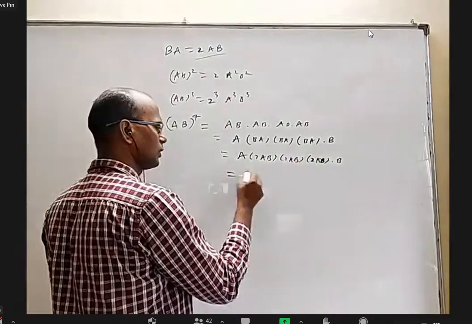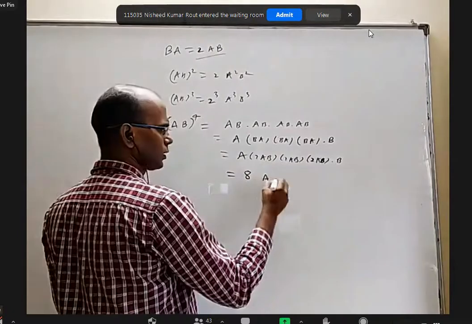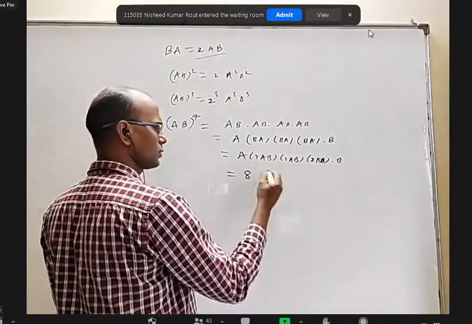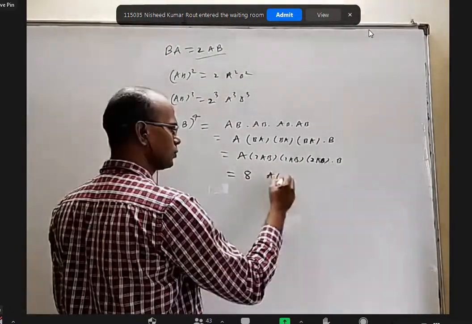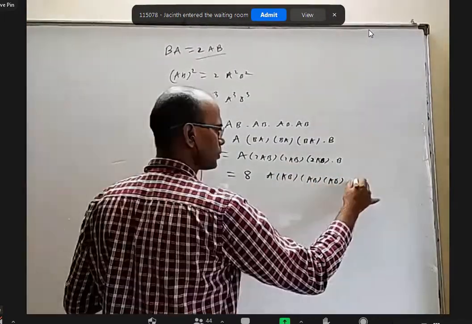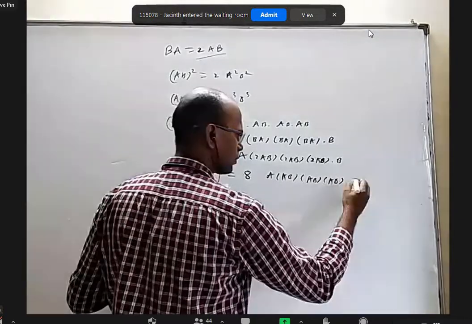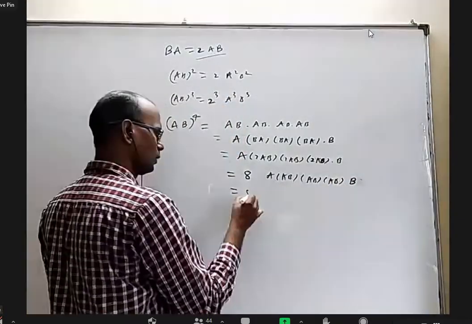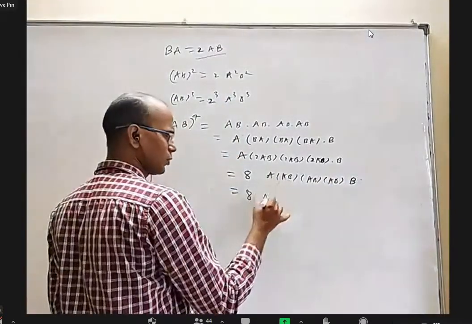2 I can take common, it is 8. And then A into A is, let me first write that much. A into AB into AB into AB into B. So this is A square.